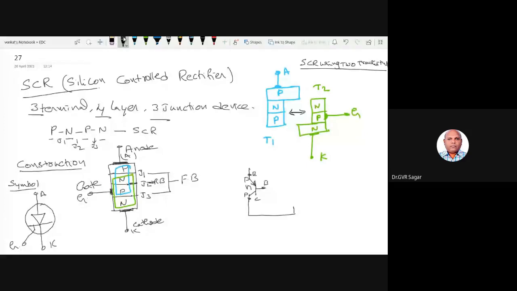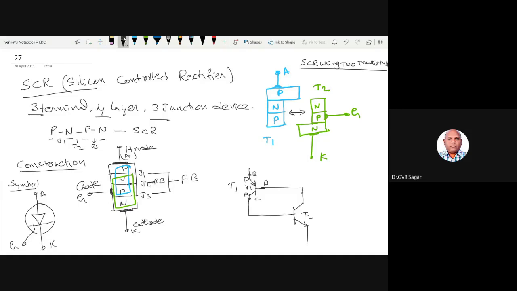So this is the transistor of NPN. So arrow mark is shown outside. And this base is connected to the collector of this transistor. So this is T2 transistor, this is T1 transistor, right?